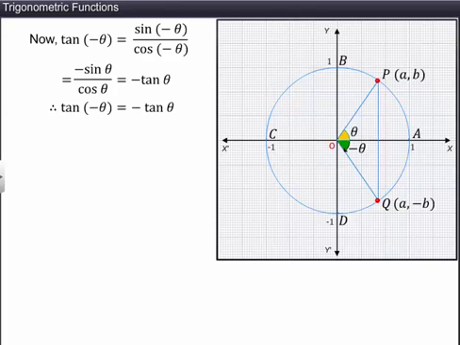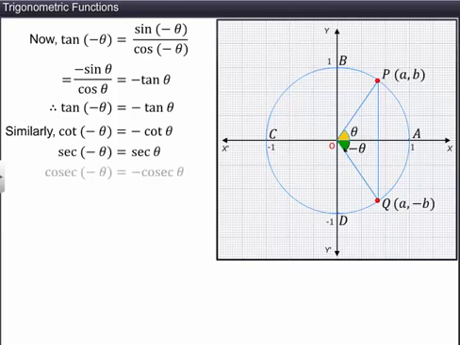Therefore, tan of minus theta is equal to minus tan theta. Similarly, cot of minus theta is equal to minus cot theta. Secant of minus theta is equal to secant theta. Cosecant of minus theta is equal to minus cosecant theta.